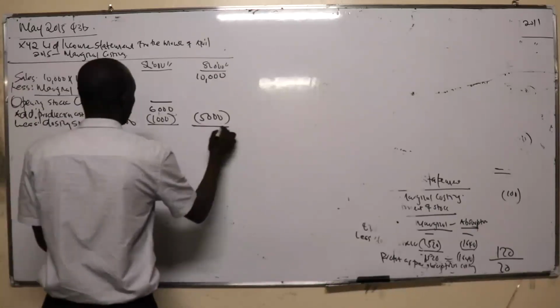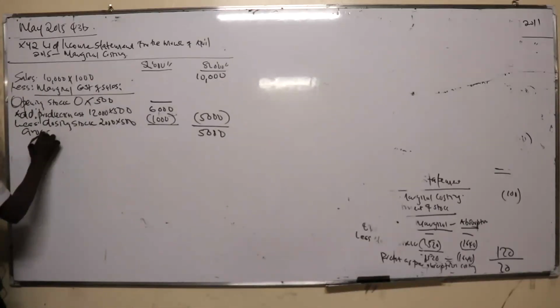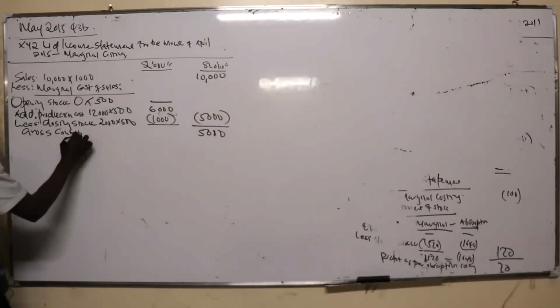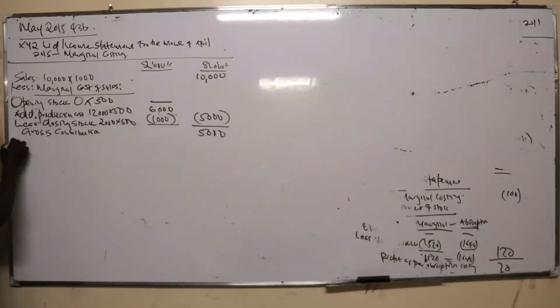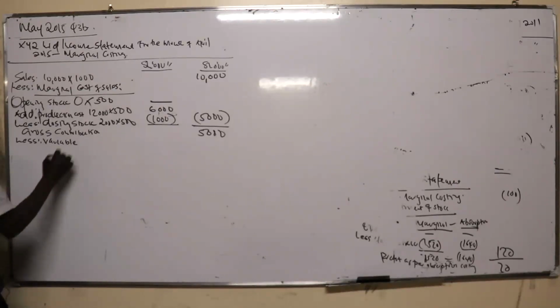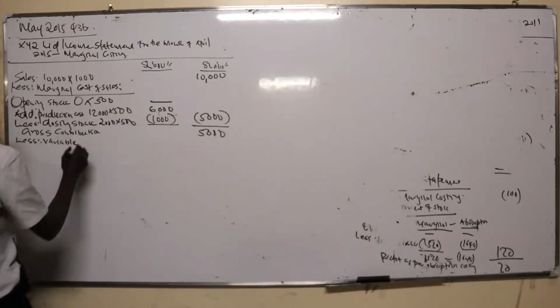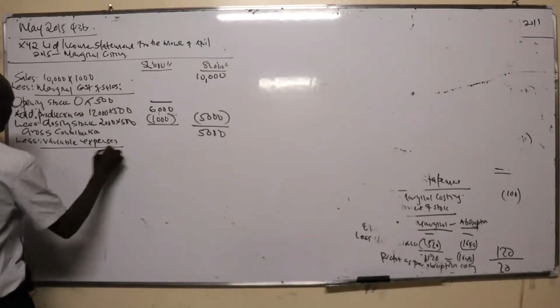So the marginal gross contribution will be 5,000. Then you less variable expenses.